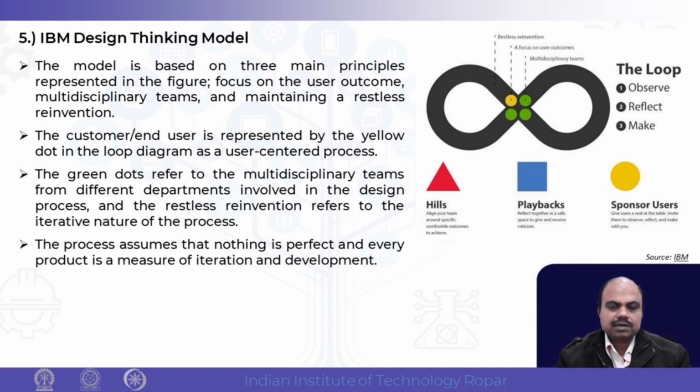The customer or end user is represented by the yellow dot in the loop diagram as a user-centric process. The green dot refers to the multidisciplinary teams from different departments involved in the design process, and the restless reinvention refers to the iterative nature of the process. The process assumes that nothing is perfect and every product is a measure of iteration and development.